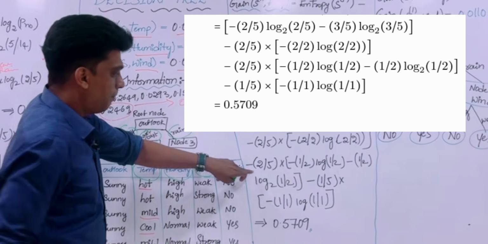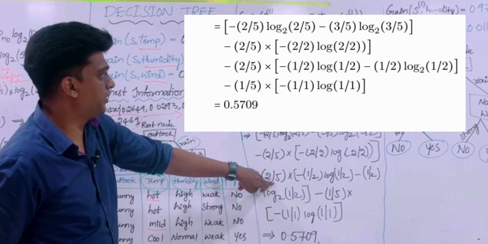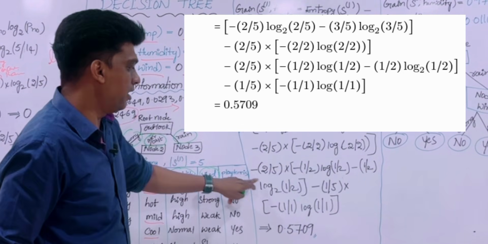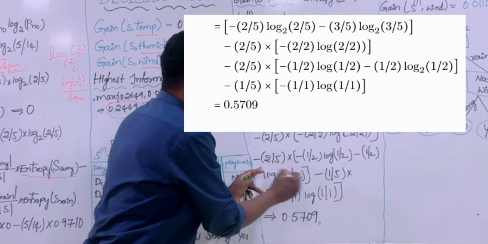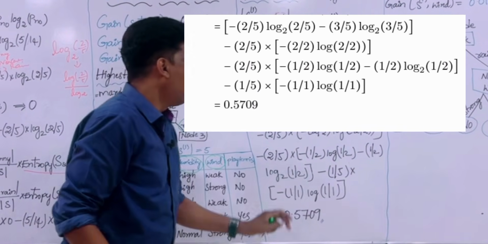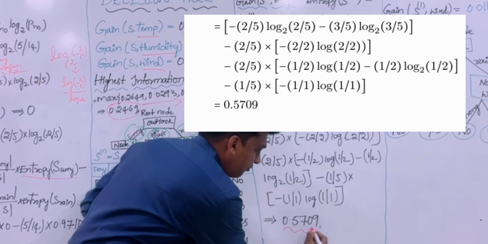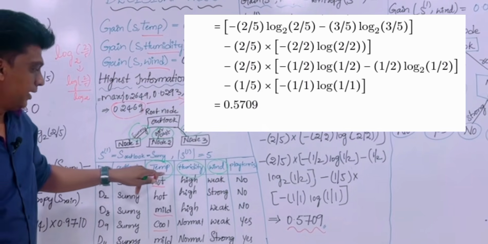Then the next value I take is mild, which I complete, and after that I take cool. Finally I simplify and get the answer as 0.5709. So this is the gain for the temperature.